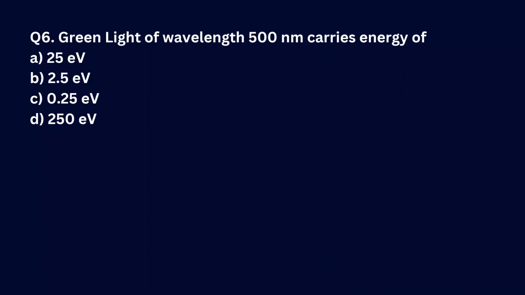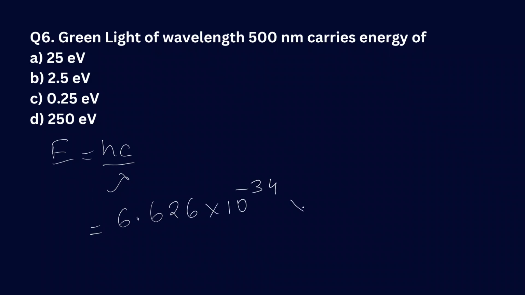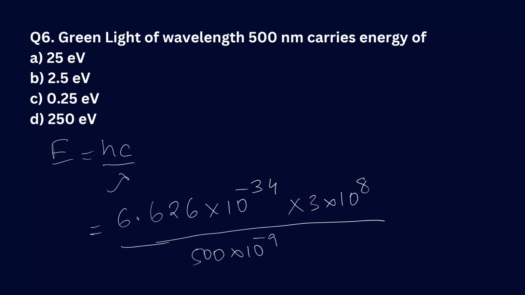We know that E equals hc by lambda. What is h? It's the Planck's constant, 6.626 into 10 to the power minus 34, into the speed of light, which is 3 into 10 to the power 8. And lambda you have to put 500 nanometer as given in the question. So 500 nanometer is 500 into 10 to the power minus 9 meter.